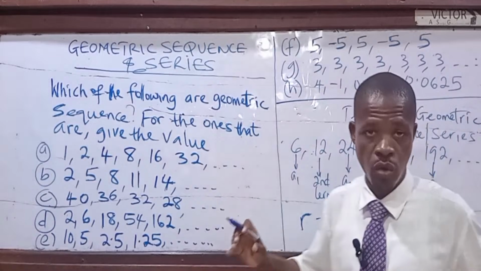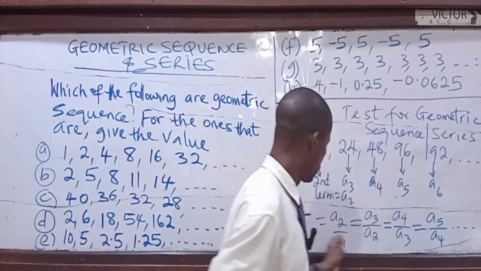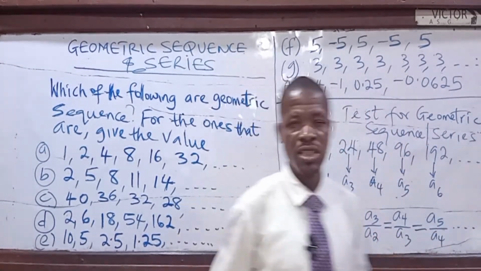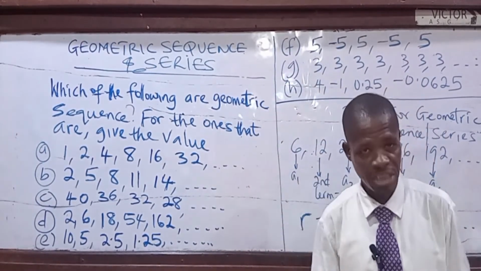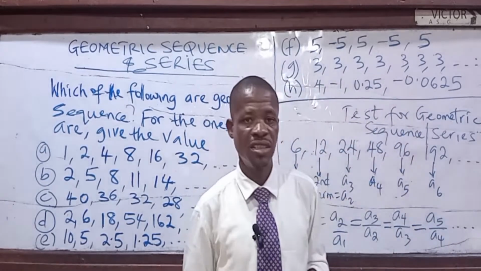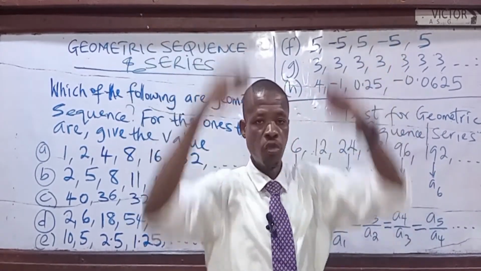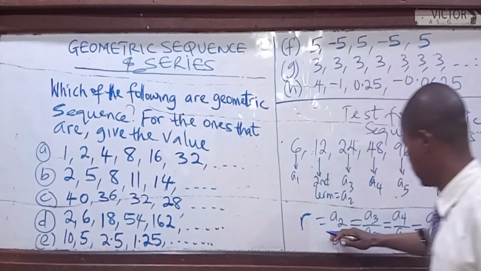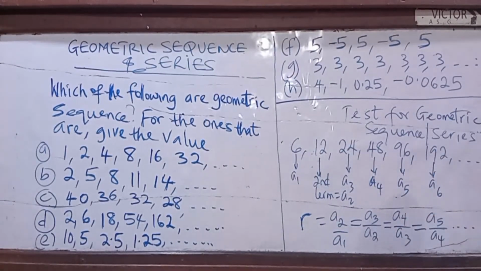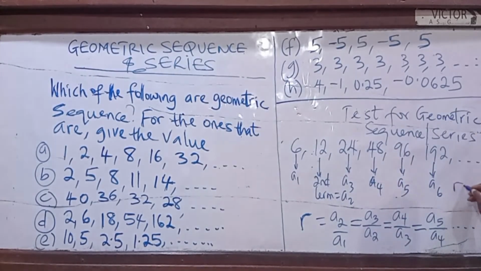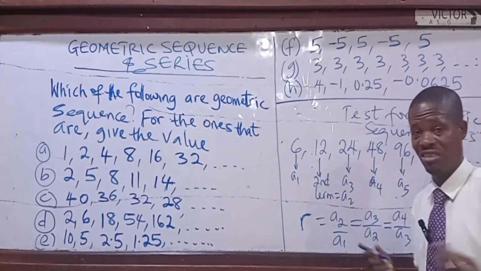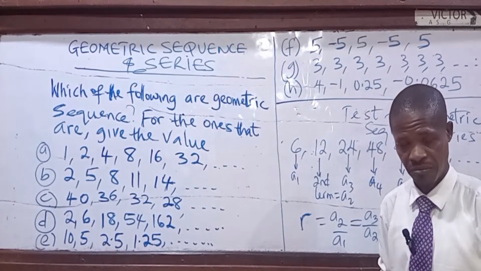Once those values are constant, uniform, that confirms the sequence or series is geometric in nature. R is called the common ratio. Then such a sequence or series is called geometric.